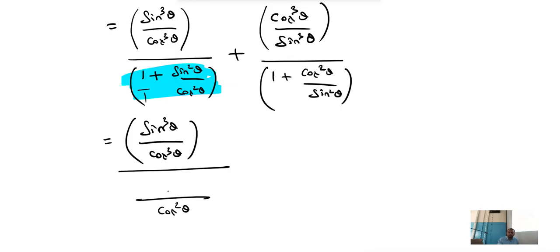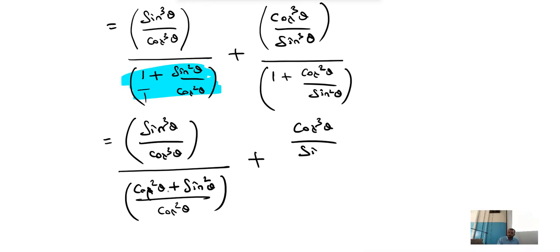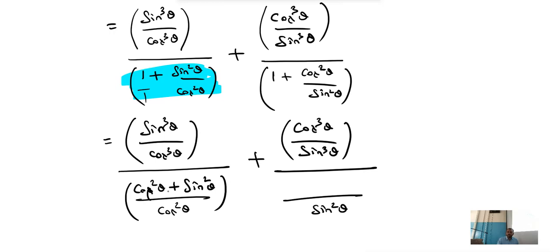Then here is cos square theta plus sin square theta. Correct? Plus numerator as it is, cos cube theta by sin cube theta, whole divided by, again what is the denominator LCM? Sin square theta. Then sin square theta into 1 is sin square theta plus cos square theta.